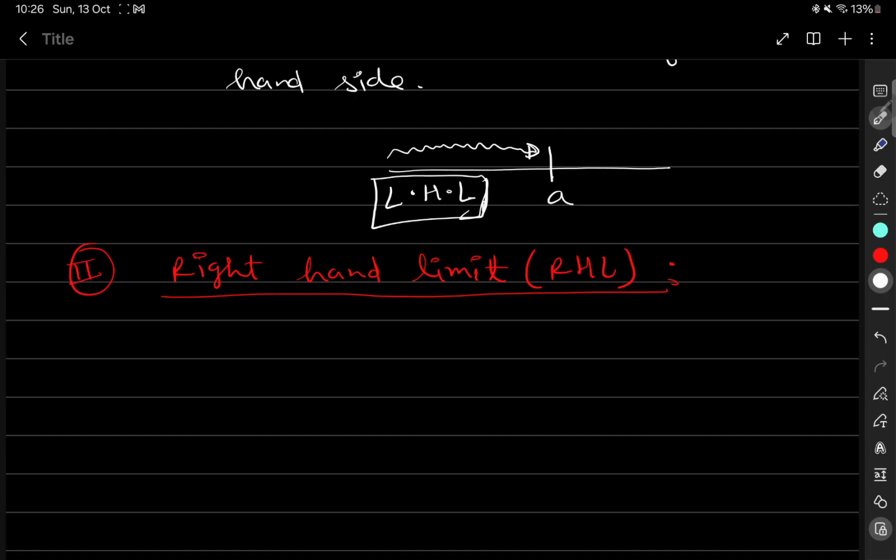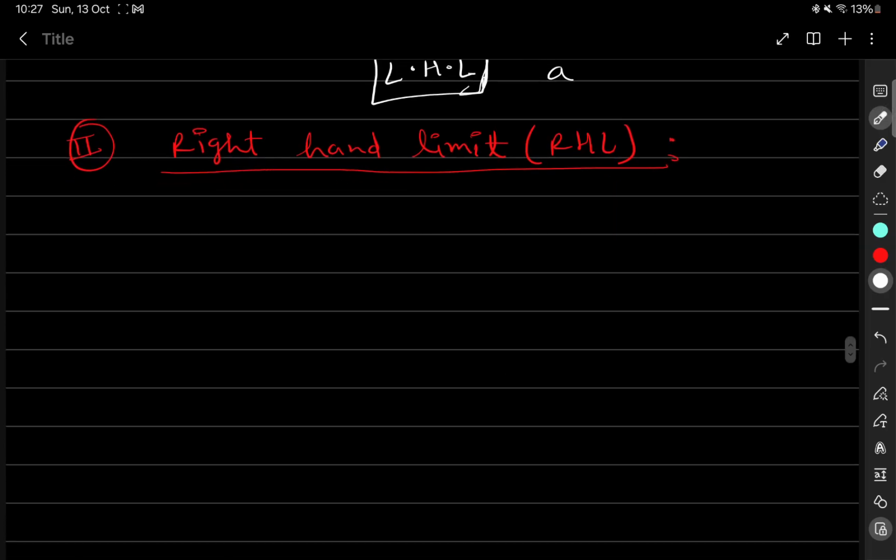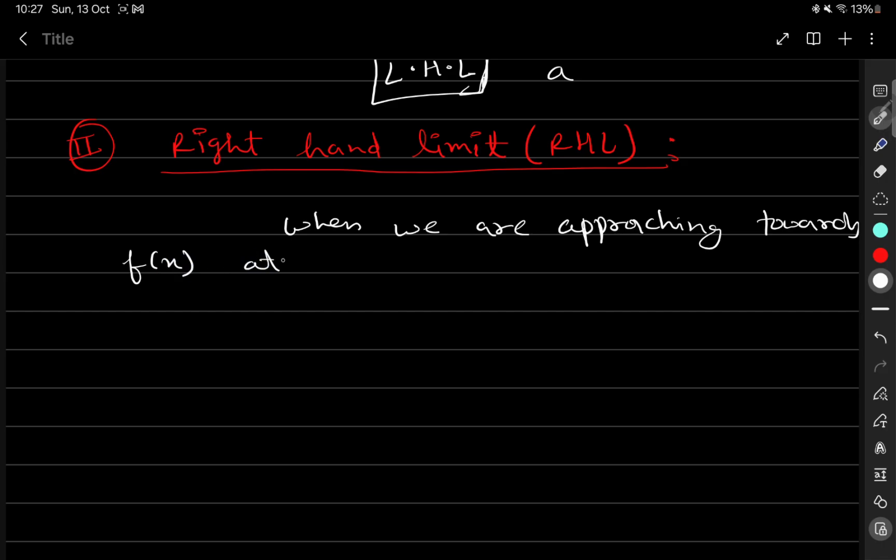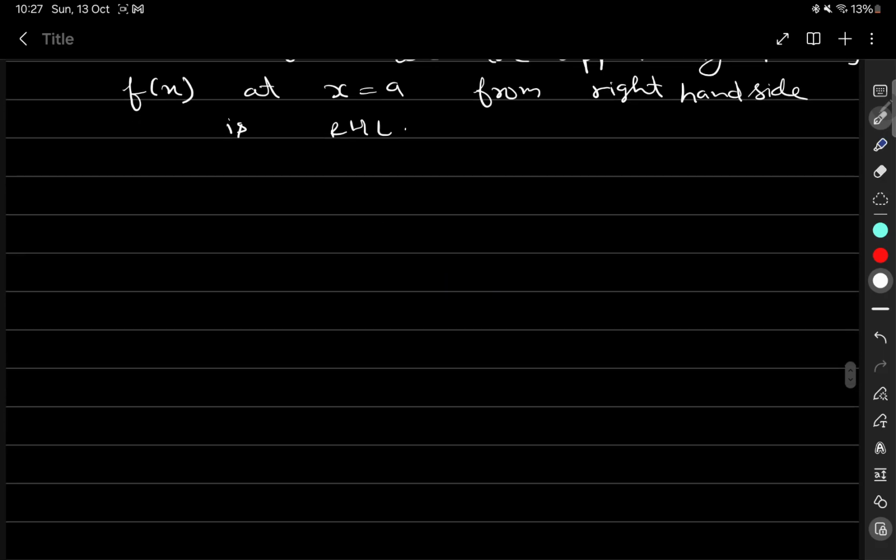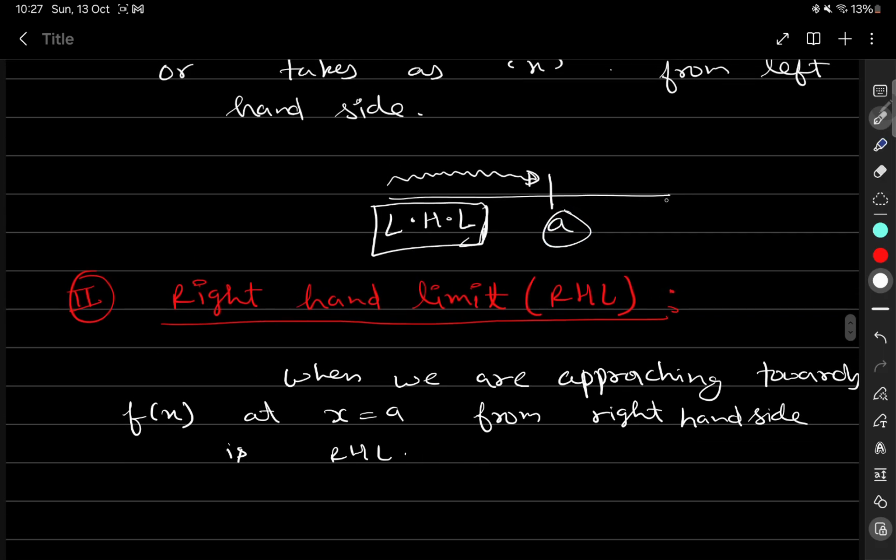RHL is when we are approaching towards a, the function at x equal to a, from the right hand side. Means what? This one is a, and we want to find the function value.